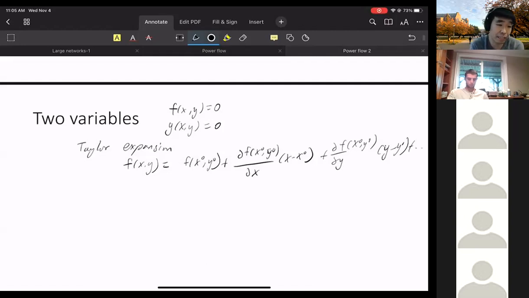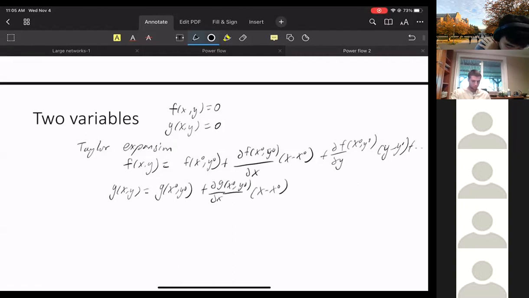For the general n variable case, you have n terms, where for each variable you have a partial derivative. For g it's very similar: partial g, partial y, times y minus y0, plus higher order terms.